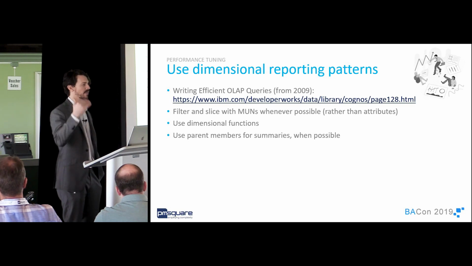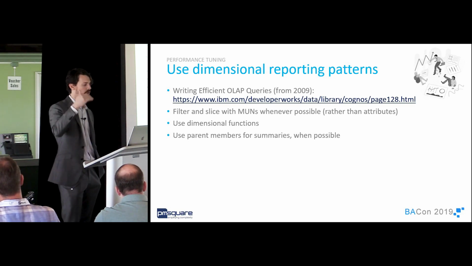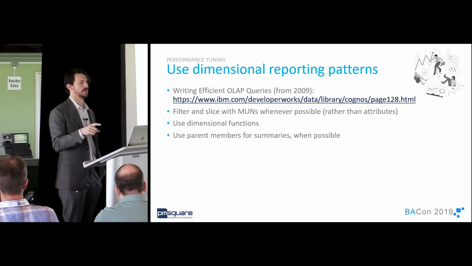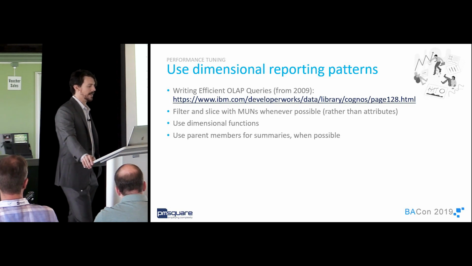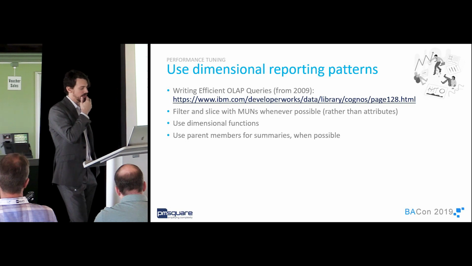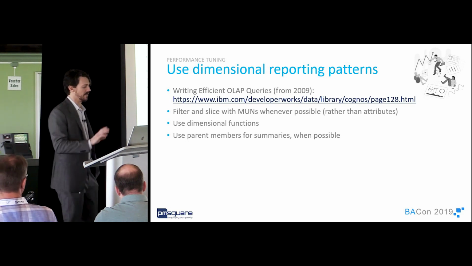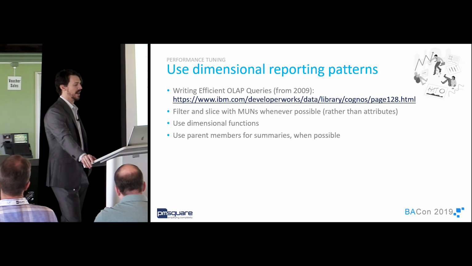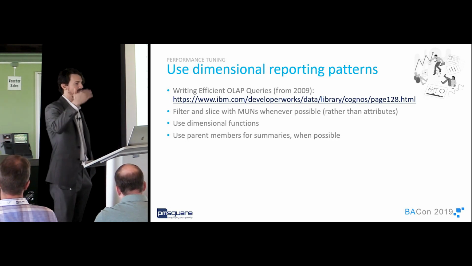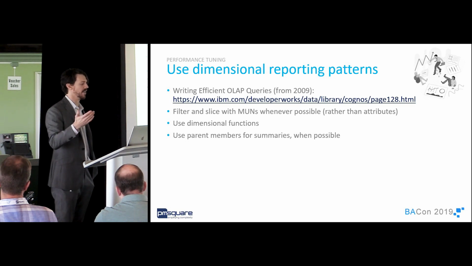You want to generally reference things at the highest level possible and not name a bunch of individual member unique names if possible. And use parent members for summaries. If you're familiar with dimensional style patterns, this one might be somewhat obvious. But on the relational side, if you want to add up several individual elements, you have to basically do a sum of them.